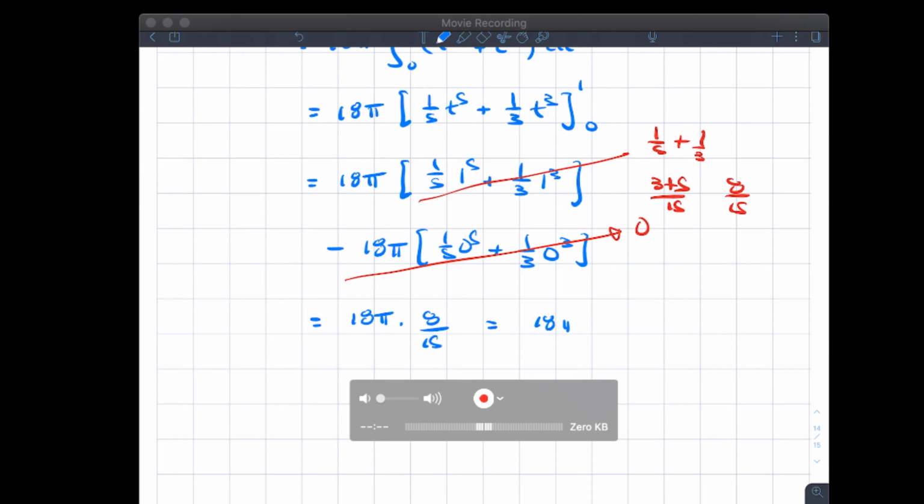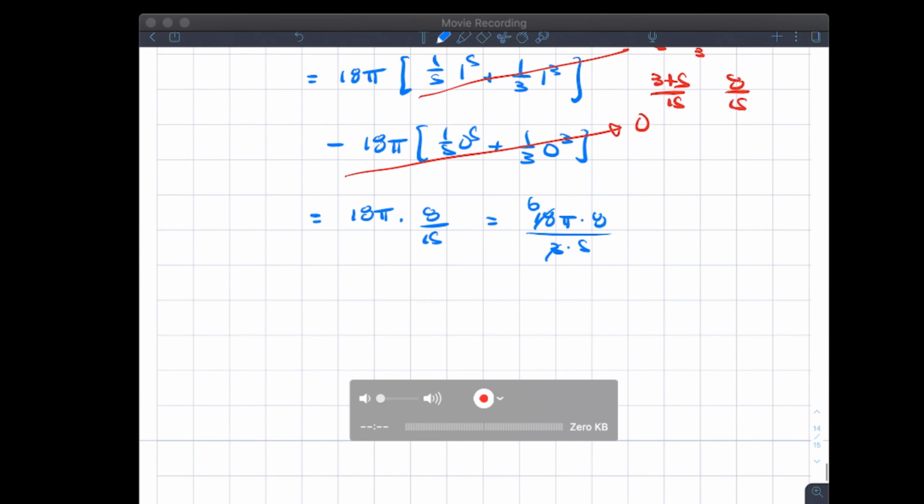Now, you can reduce this. 15 is 3 times 5, right? And 3 goes into 18 6 times. So, final answer: 6 times 8 is 48, 48 pi over 5. And that's your surface area, ladies and gentlemen, when you revolve about the x-axis here.